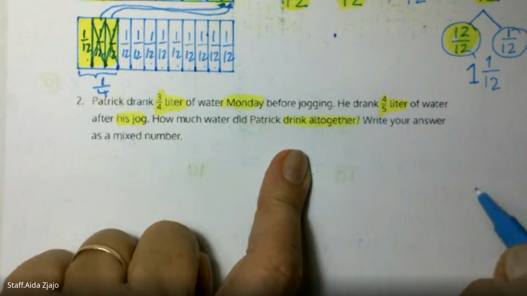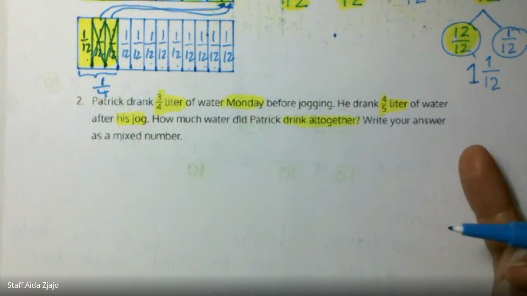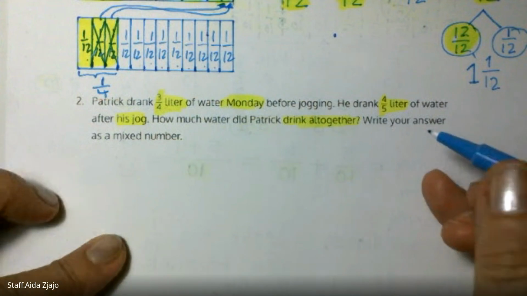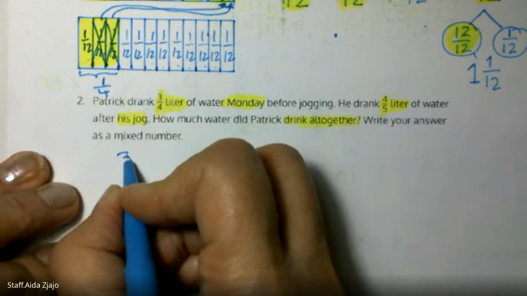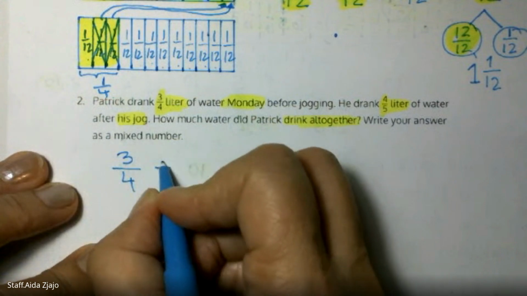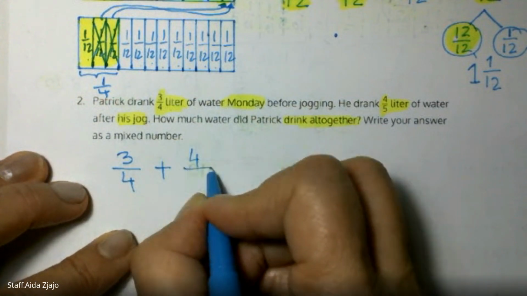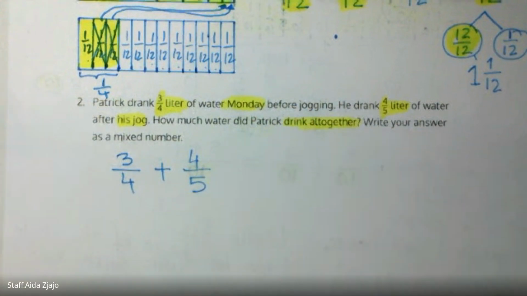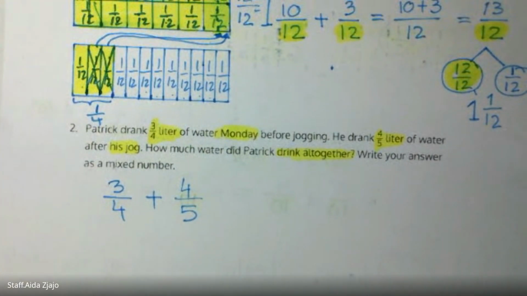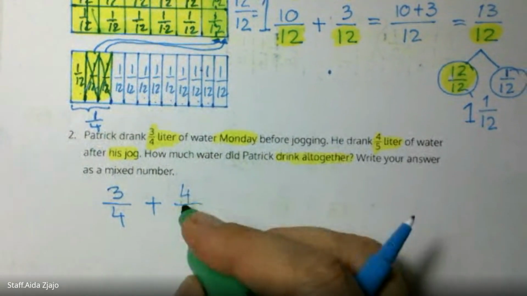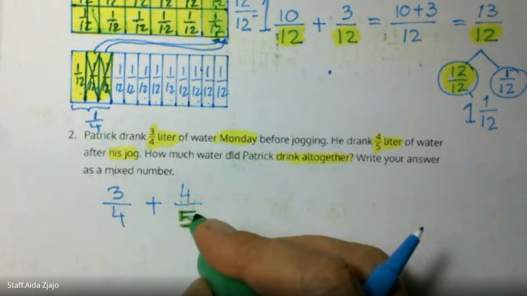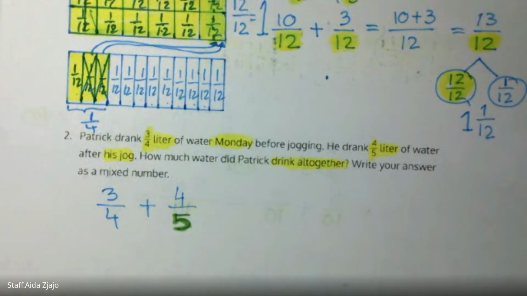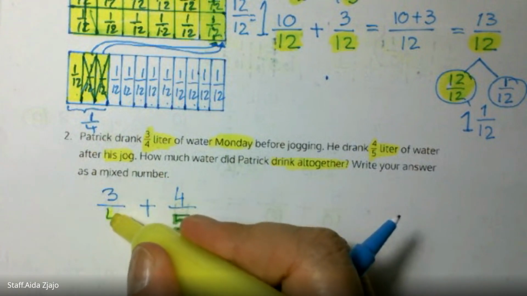So it's the same thing, these fractions are not equivalent. So 3/4 plus 4/5. The fifths are green fractions, for example, and the fourths are yellow fractions.